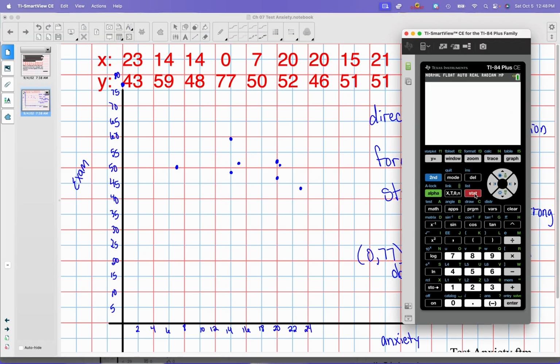So I want you to grab your calculator, and we are going to enter some data into our calculator. I'm going to go ahead and insert a name here. So if I go second and then the delete key, the INS, I'm going to lock my caps. If you hit it twice, it locks it.